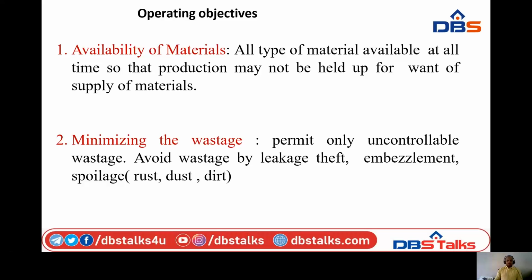We have to permit only uncontrollable wastages. Uncontrollable means those which have to be permitted, otherwise we can get major damage to the industry. For example, leaking of any pipeline will damage the industry or create another problem to the production.